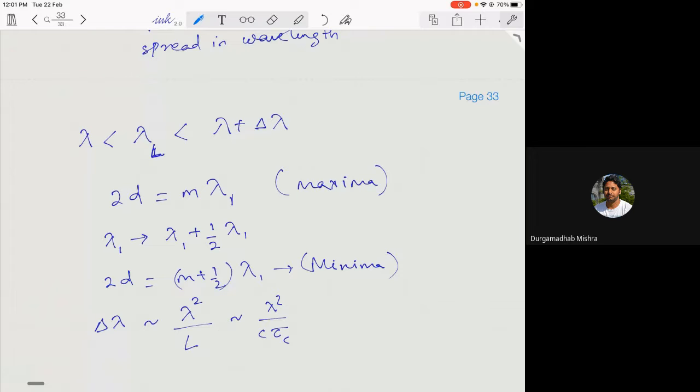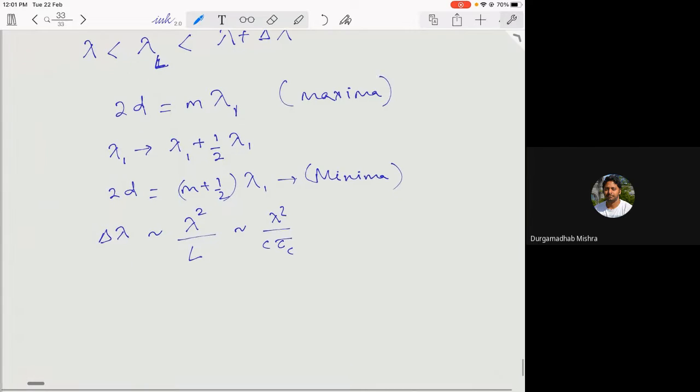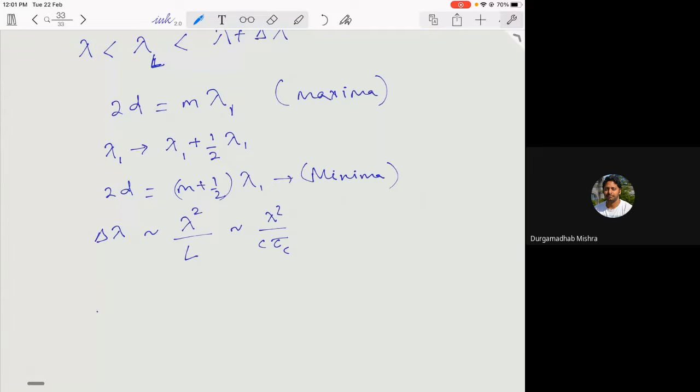If your wave has a larger spread delta lambda, then you may not observe an interference pattern. You can represent this in terms of frequency normally. You don't say spread in wavelength but frequency, and you know nu is c by lambda. So your delta nu would be equal to c by lambda square times delta lambda.